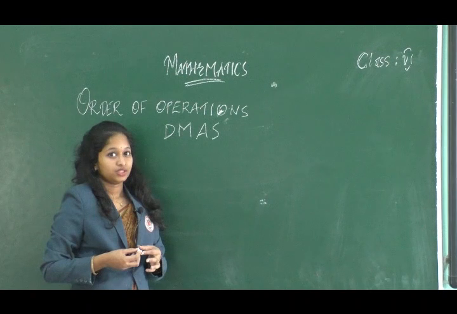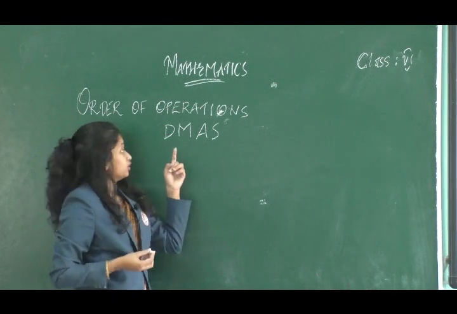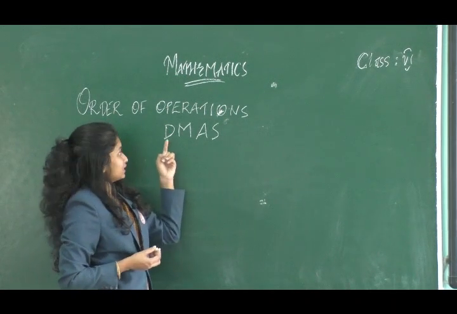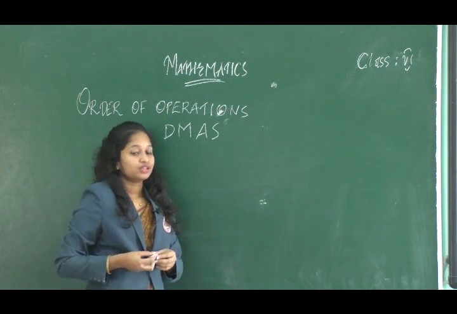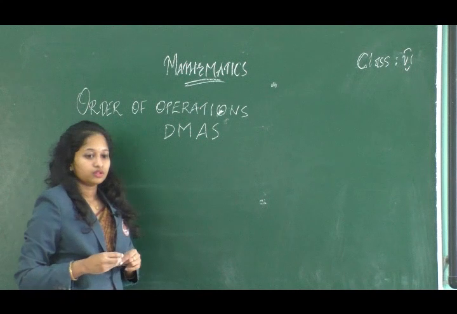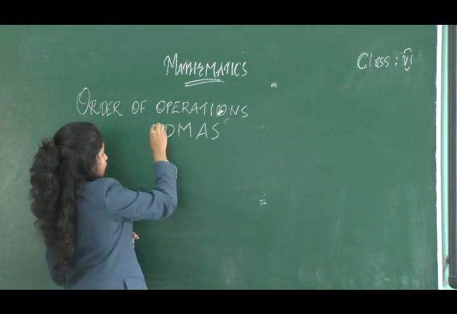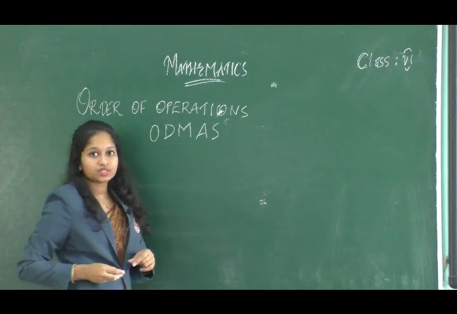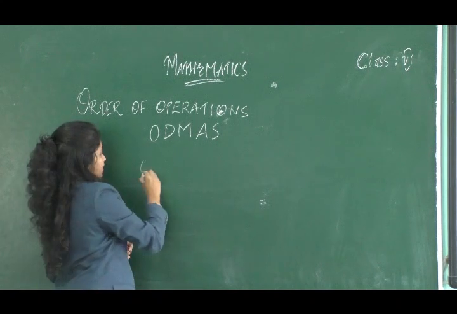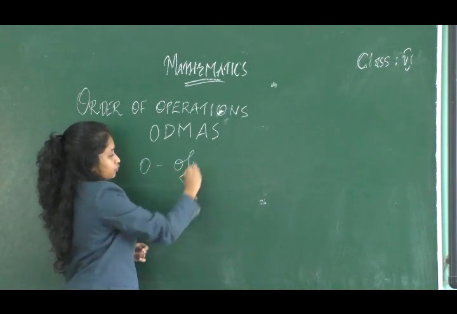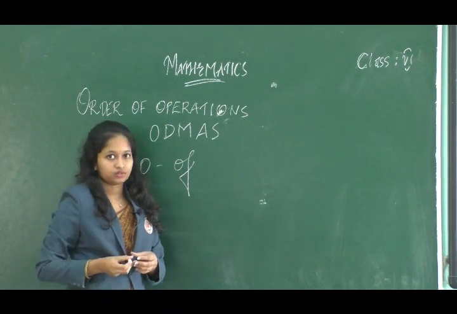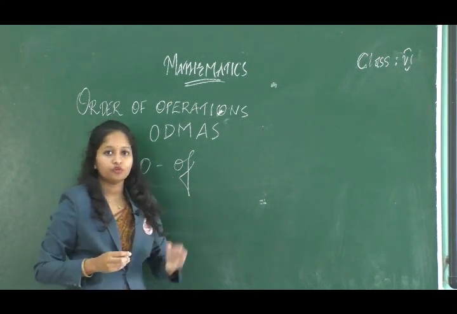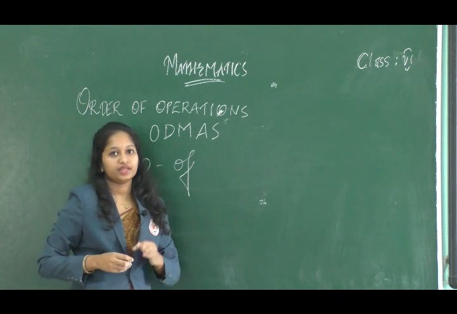So children, we know the order of operation is D, M, A, S. Again comes one more operation, that is O. What does O stand for? O stands for of. If you find of in a question, you have to multiply.